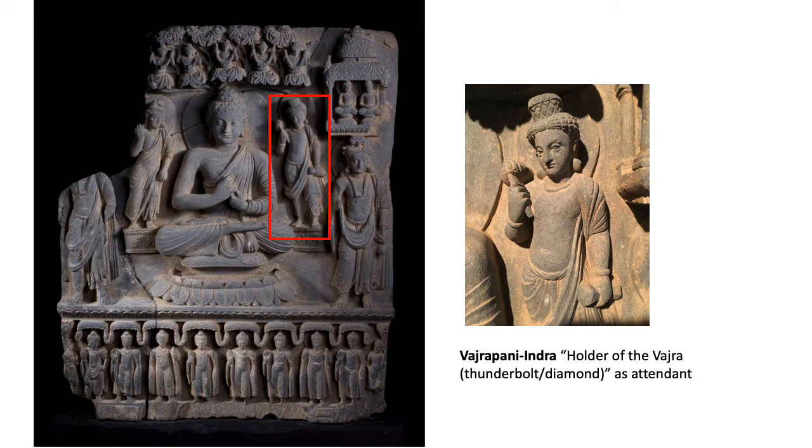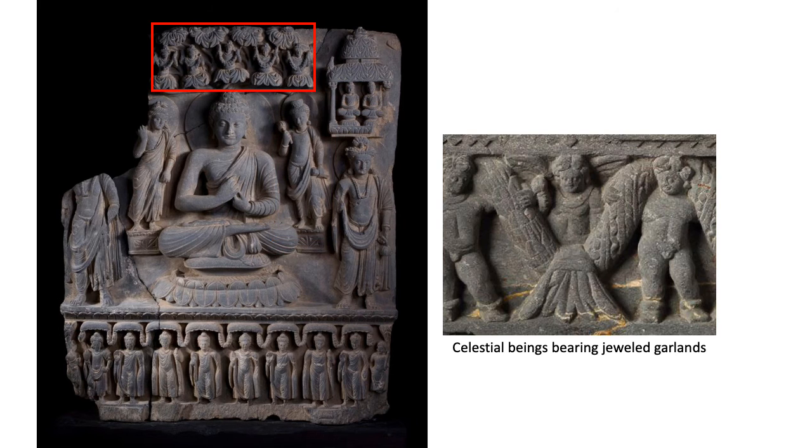He is identified with the barbell-like thunderbolt he holds in his proper left hand, associated with diamond or indestructibility. His turban is distinctive. He holds a fly whisk in his proper right hand, indicative of his role as an attendant to the Buddha. Above the main figures are celestial beings carrying jeweled garlands, symbolic of paradise.